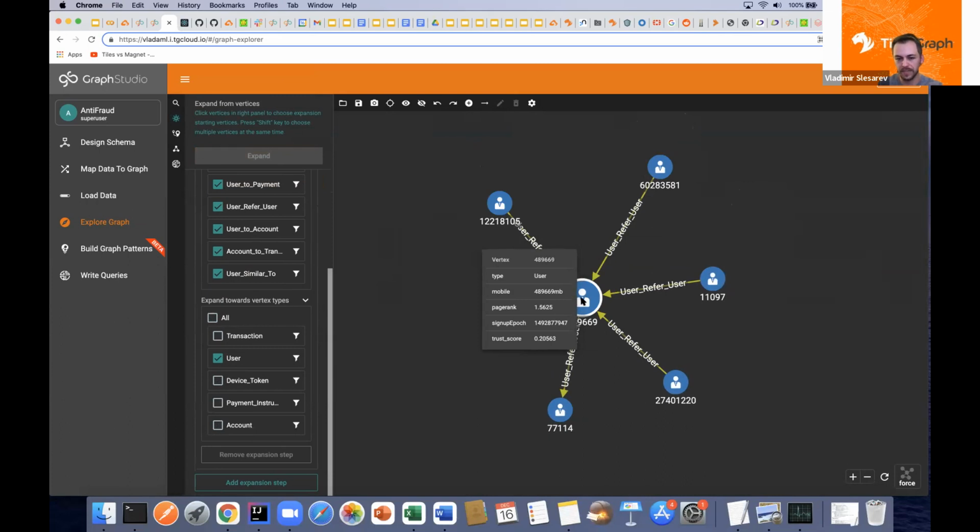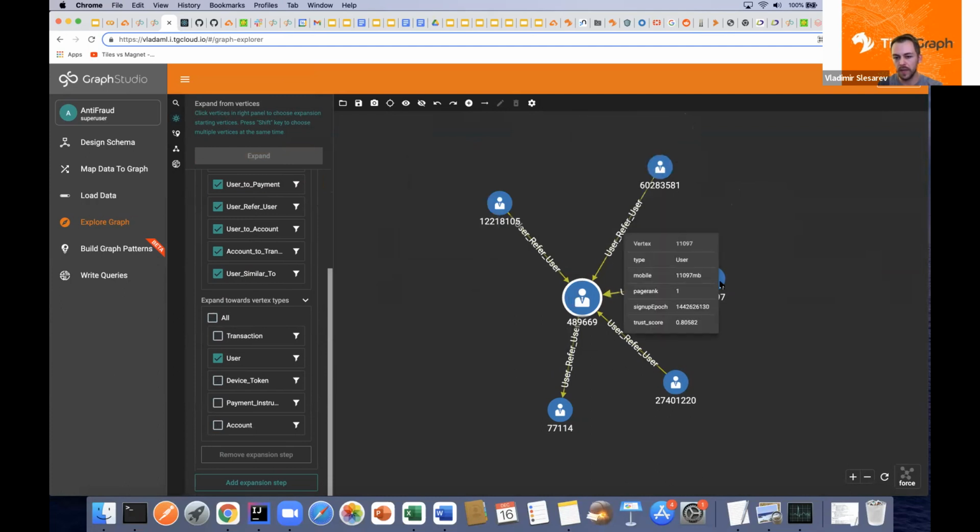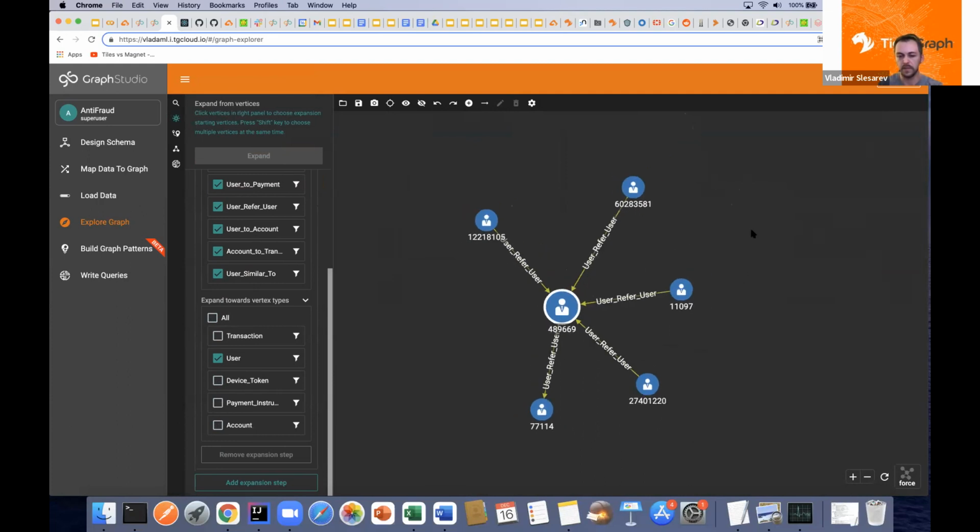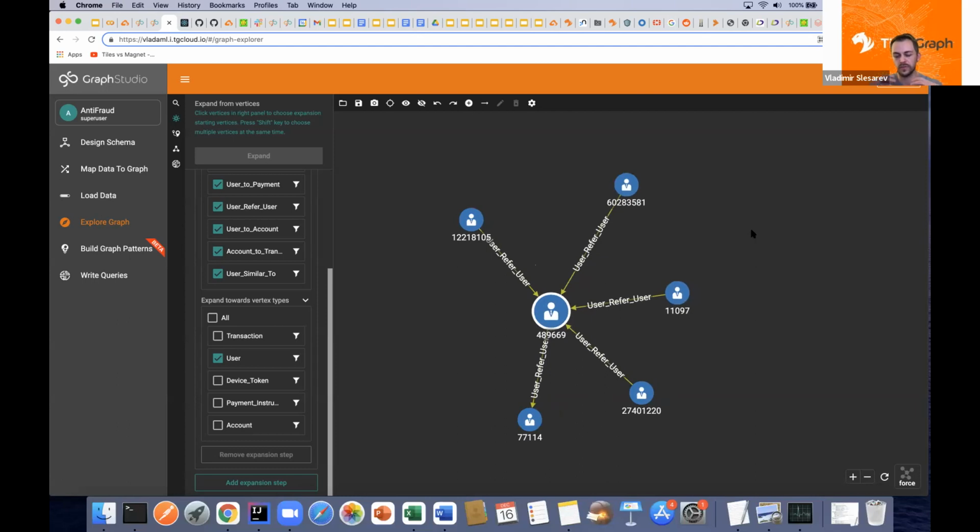This gentleman has a PageRank score of 1.56, and these folks have differing PageRanks. So this guy is influential because some of these other users are influential within my system, and so on. That algorithm propagates. These kinds of recursive deep pattern analyses are very non-performant to execute in an RDBMS.